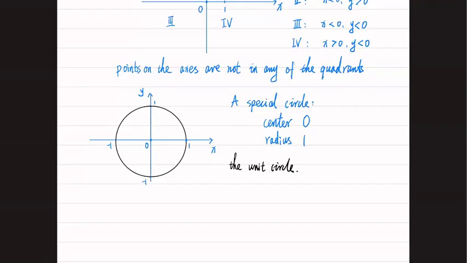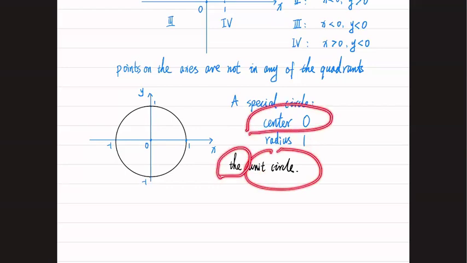So unit refers to the radius being 1. Call it the unit circle because there are a lot of different unit circles. This one corresponds to the one with center at the origin. The unit circle.